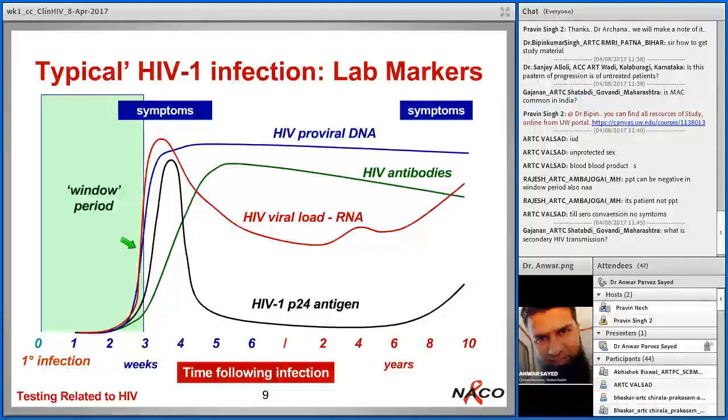So if I get a prick today, or if HIV enters my body today, I will not be tested as HIV positive by any means today itself. Unless that window period has passed, my blood test will not come as HIV positive. So HIV proviral DNA, unless it is formed, which will happen between 2 to 3 weeks, my test will be negative even for DNA PCR.